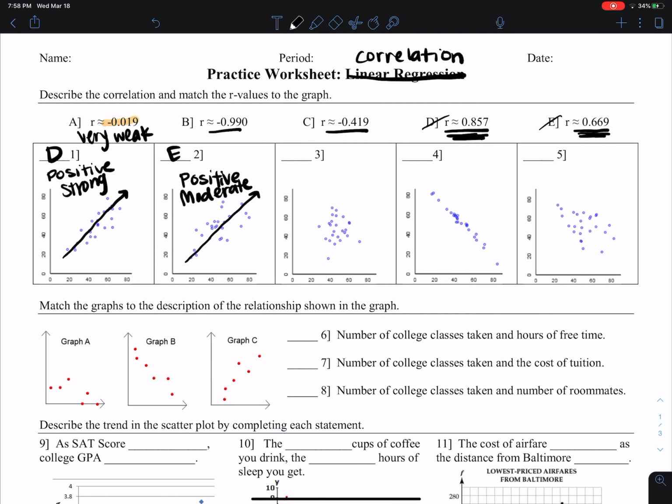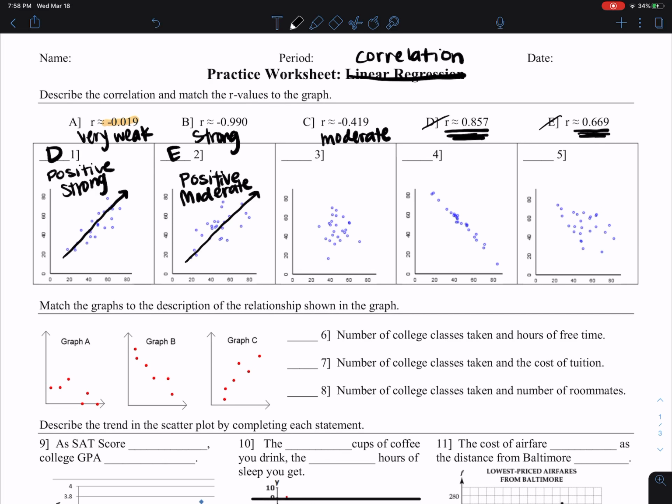The next one is negative 0.99, so this is going to be a very strong negative correlation. And then the next one is negative 0.4, so this would be a moderate correlation. Let me rewrite that M.